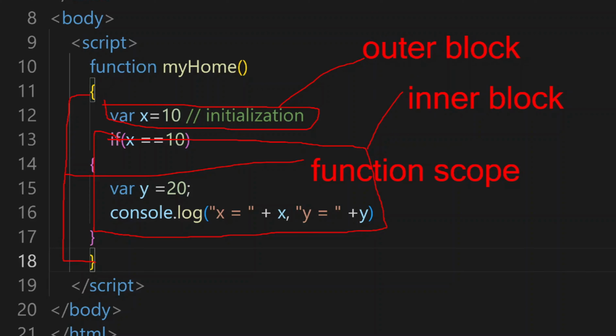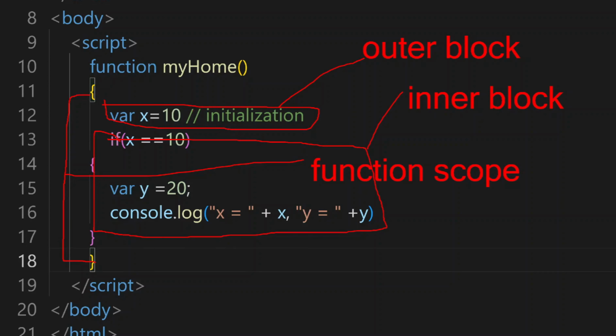The members of the inner block can access the members of the outer block. That mechanism is called function closure. That is always possible, and that is the default behavior of a function.